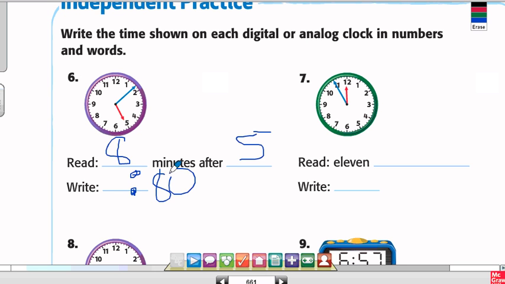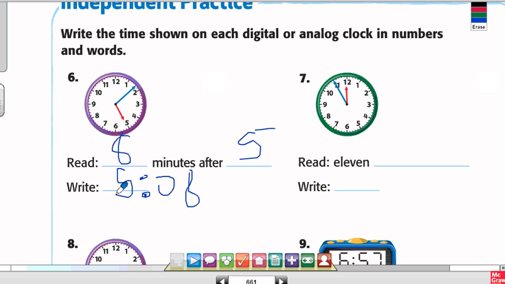It doesn't say 80. It's 0, 8. And my hour goes here. So when it says minutes after whatever number, this number goes first. The minutes go on the right side. It's 5:08. Now look at number 7.